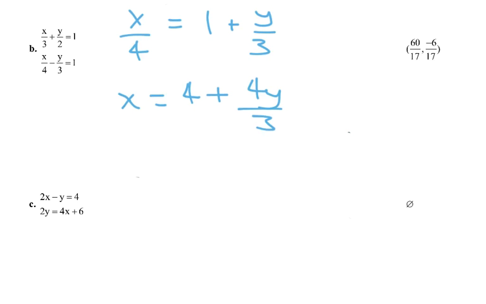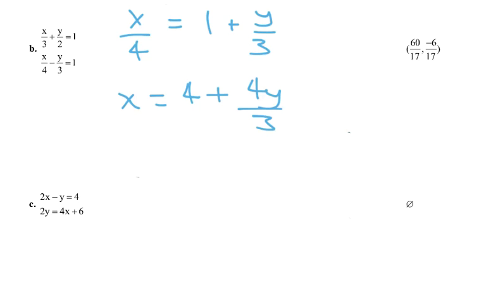But anyway, if we're going to use the substitution method, I'll use the bottom equation and say x over 4 is now equal to 1 plus y over 3, and x is equal to, if we multiply everything by 4, 4 plus 4y over 3.